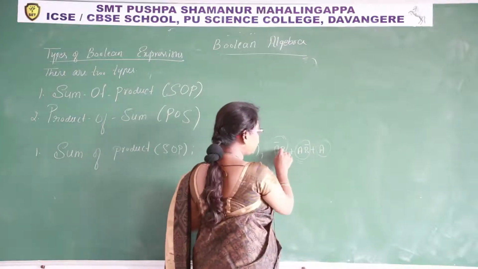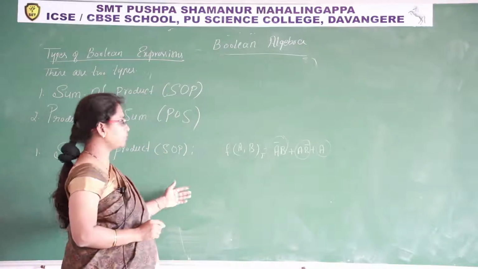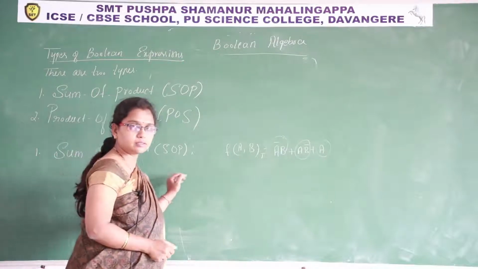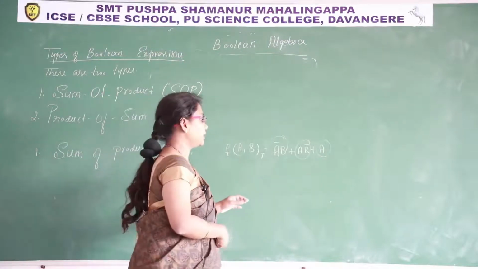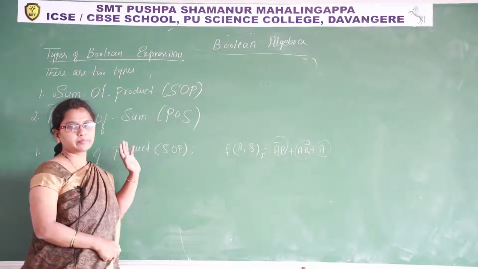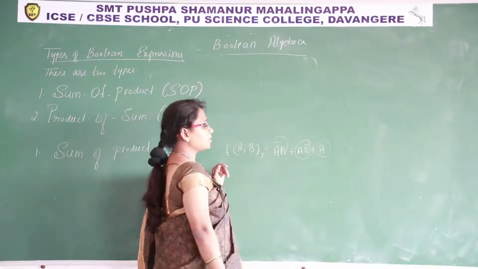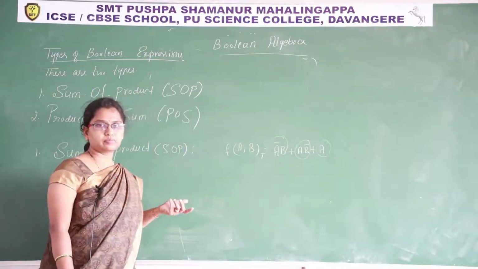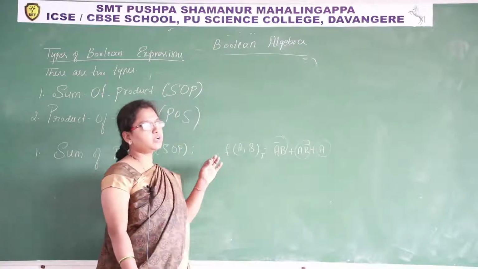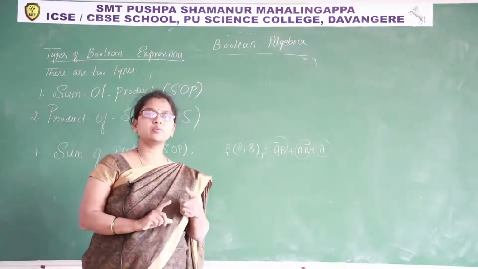Then each variable we call a literal. So there are three terms you need to understand: one is literal, then min term, and SOP expression. So sum of product can be defined as a sum of all min terms. Or you must say the word logical: the logical sum of product of one or several variables.